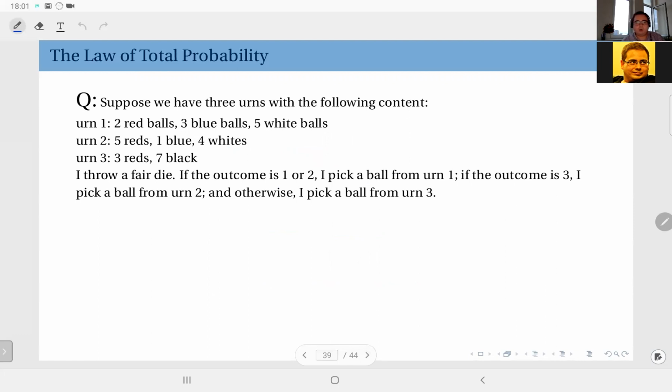Let's see this on a question. Suppose we have 3 urns with the following content. In urn number 1, or let me use this side here. Urn number 1, I have, I'm going to put 2 and 3 here.